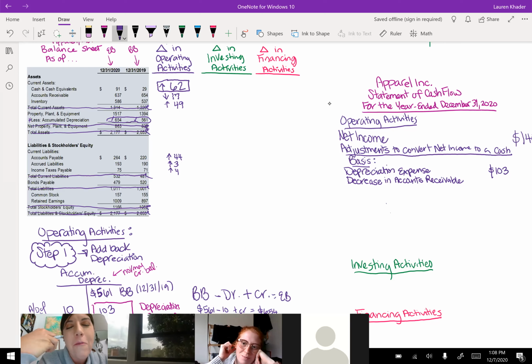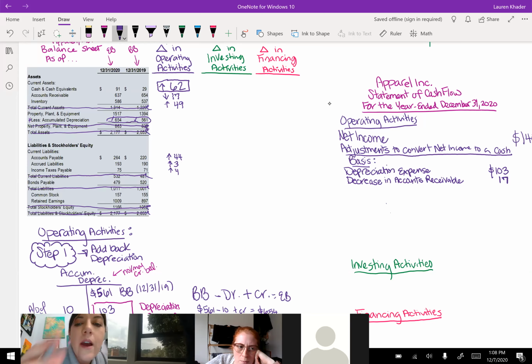We collected more from our customers than we actually recorded in sales on an accrual basis. So a decrease in accounts receivable is going to do what? Increase cash. So we're going to add a positive $17. Because on a cash basis, we actually collected more than what we reported in revenue for the year.